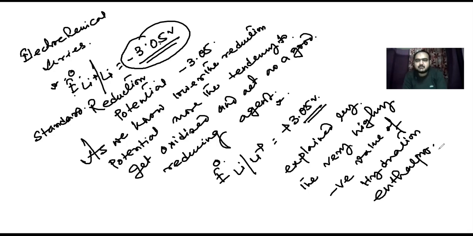Actually, it is the best reducing agent in the whole periodic table. You can see lithium has the most negative value in the periodic table. No one actually has a more negative value than lithium. So this is the best reducing agent.